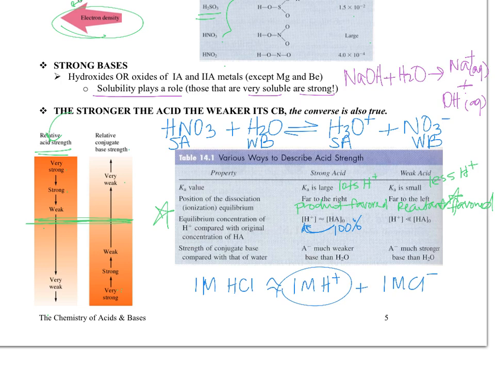So if I had a weak acid, for example, acetic, same thing. If I have 1 molar of this, it's only going to break apart a little bit, but it's going to prefer to stay this way. So if we think about how it's working, it's really going to be mostly this direction arrow-wise. It would be like a little arrow this way.